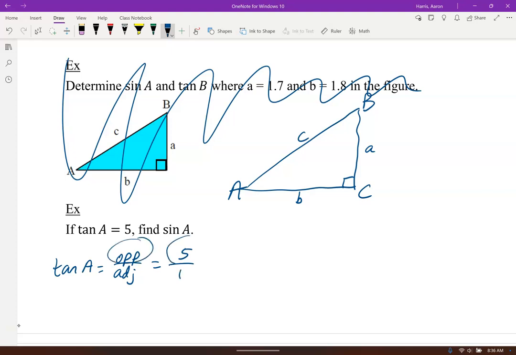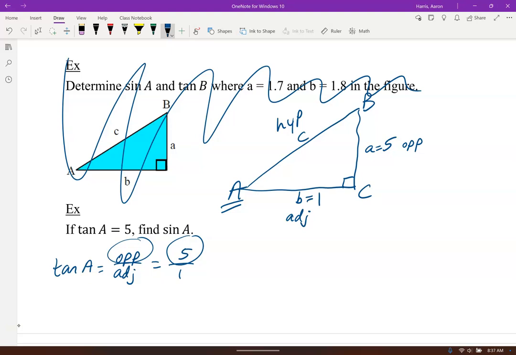So the opposite side must be 5 of angle A. This is angle A. So the opposite side is here, the adjacent side would be here, and the hypotenuse, of course, is always opposite the 90. So opposite would be 5, so this is 5. Adjacent would be 1, so they're giving us 2 side lengths.